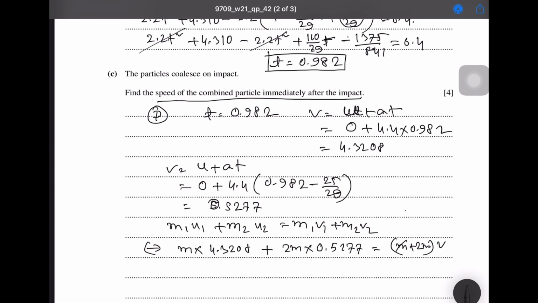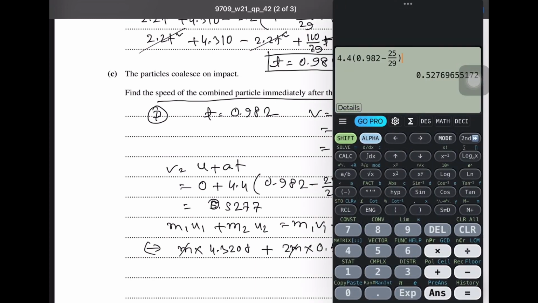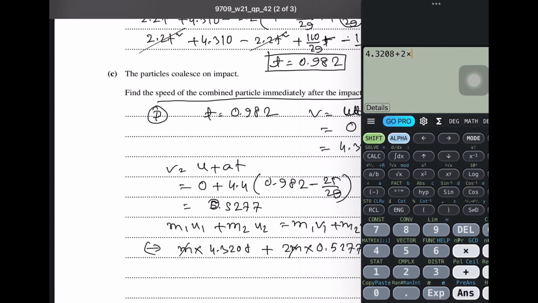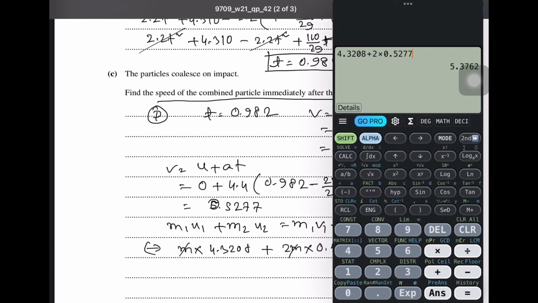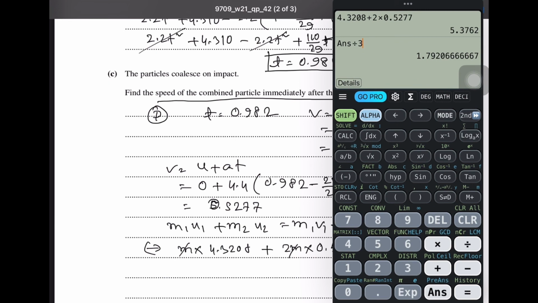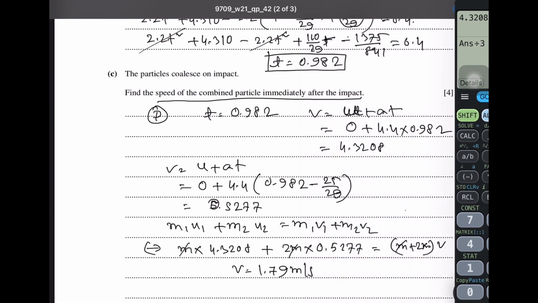So m is cancelled. Now simplify: 4.3208 plus 2 into 0.5277, divided by 3. So our answer is becoming 1.79. So v equals 1.79 meter per second.